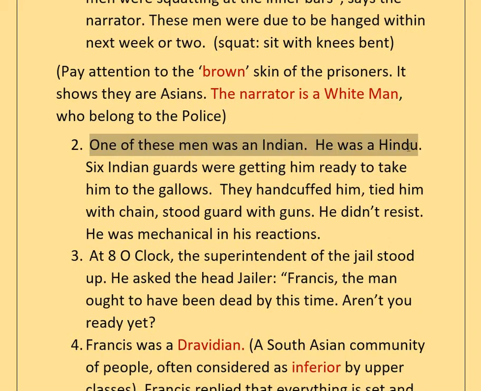He was a Hindu. 6 Indian guards were getting him ready to take him to the gallows for hanging. They handcuffed him, tied him with chain, stood guard with guns. He didn't resist. He was mechanical in his reactions.